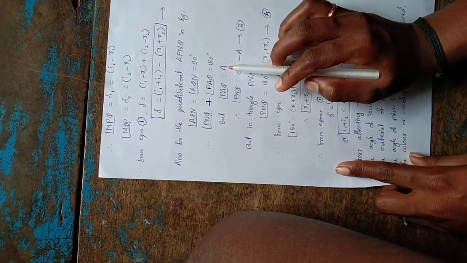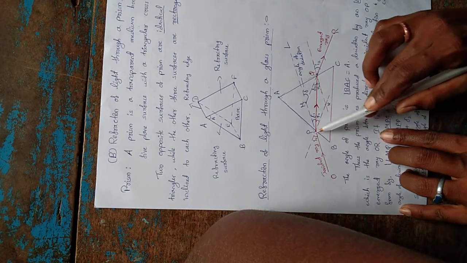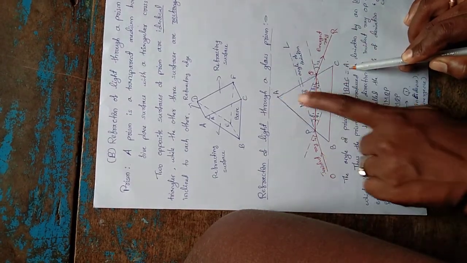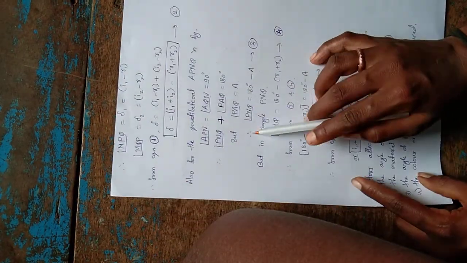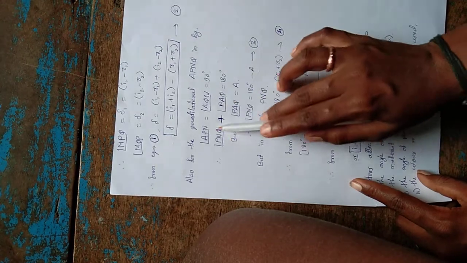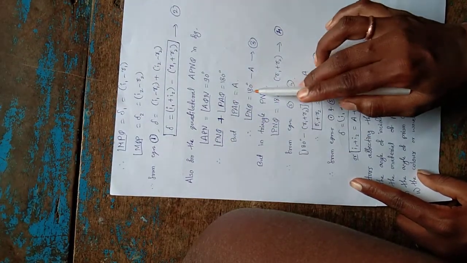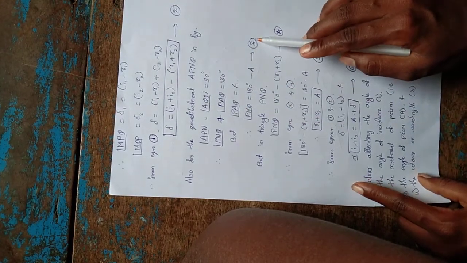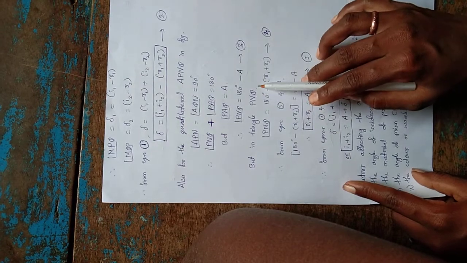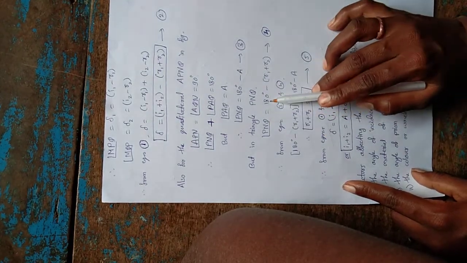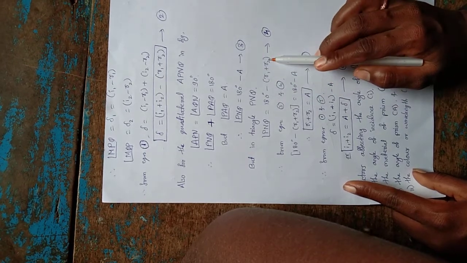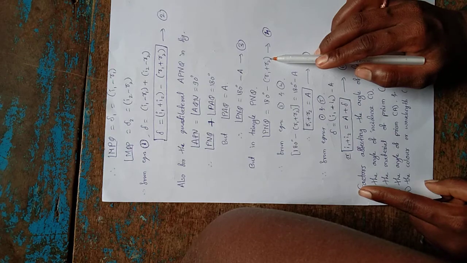But PAQ is equal to A, the angle of prism, as we took BAC, the same. This angle is A. Therefore PNQ is equal to 180 minus PAQ, which is A. That is equation number 3. But in triangle PNQ, angle PNQ is equal to 180 degrees minus R1 plus R2. That is equation number 4.